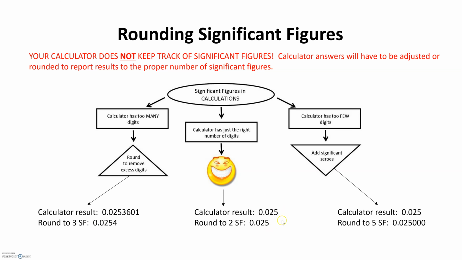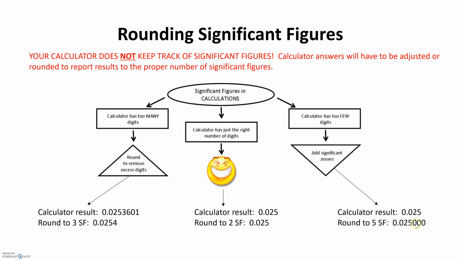If our calculator happens to give us just the right amount of digits, then we can just go ahead and report it as shown. But again, in some rare cases, we get a situation where a calculator gives us a result, 0.025, but we're supposed to have 5 significant figures in our answer. So this one only has 2. There should be 3 more significant digits after that 5.